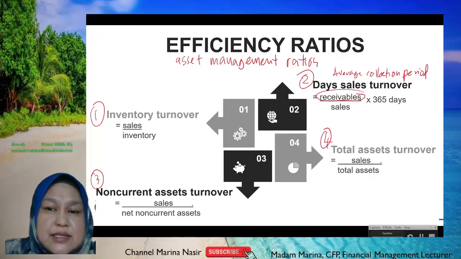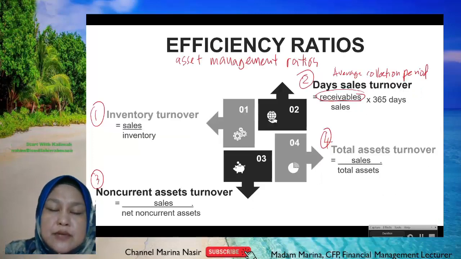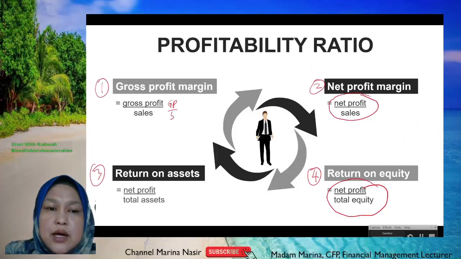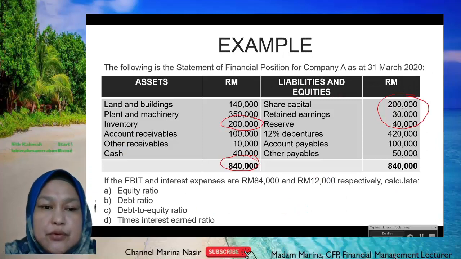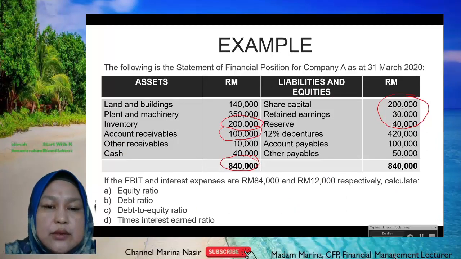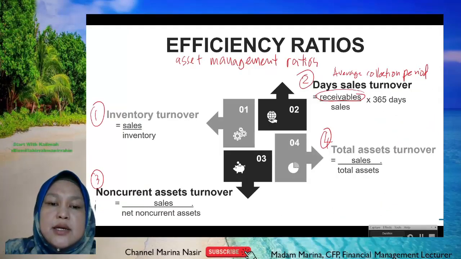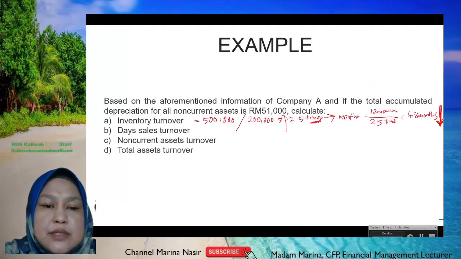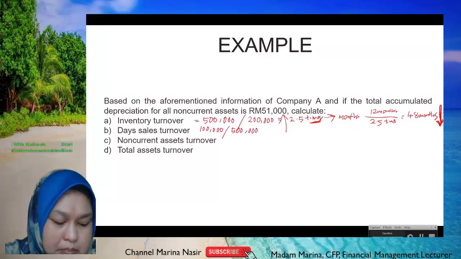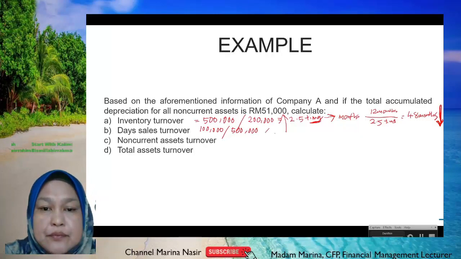Receivable divided by sales times 365. What is our receivable value? Here 100,000 divided by sales 500,000 here, and times 365 days.